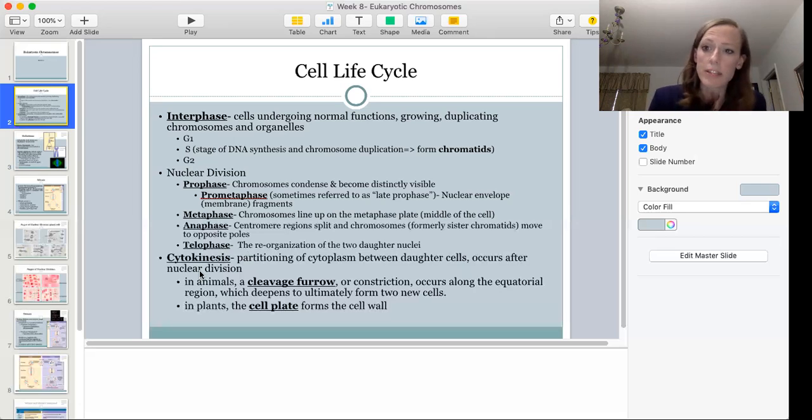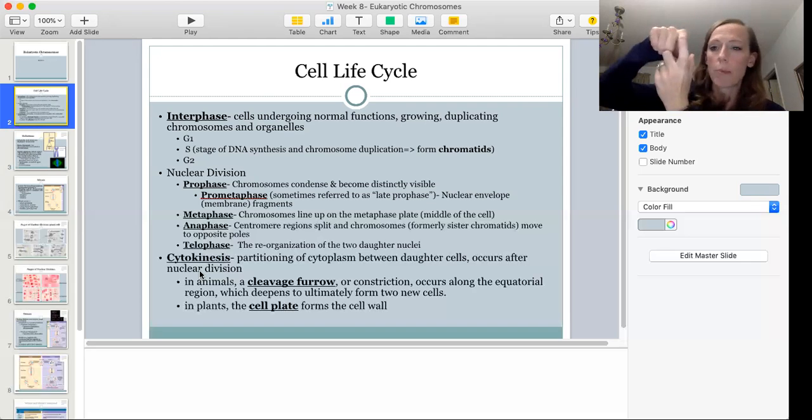Now this looks a little bit different if you're looking at an animal cell versus a plant cell. In animal cells, it's seen as a cleavage furrow. So you're going to see almost like a constricting, narrowing band appearance between the two daughter cells.